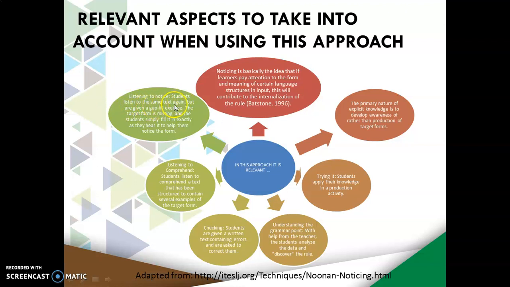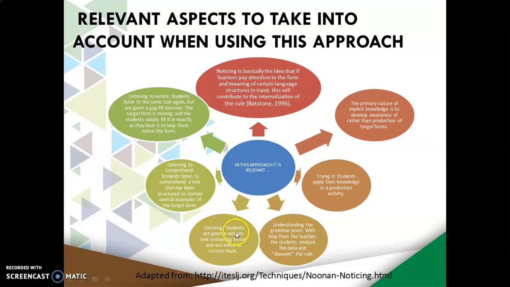Students listen to the same text different times, and we can provide a gap filling exercise, for example, where the target form is missing, and the students simply fill it in exactly as they hear to help them notice the form. We can also use listening to comprehend: students listen and comprehend a text that has been structured to contain several examples of the target form.